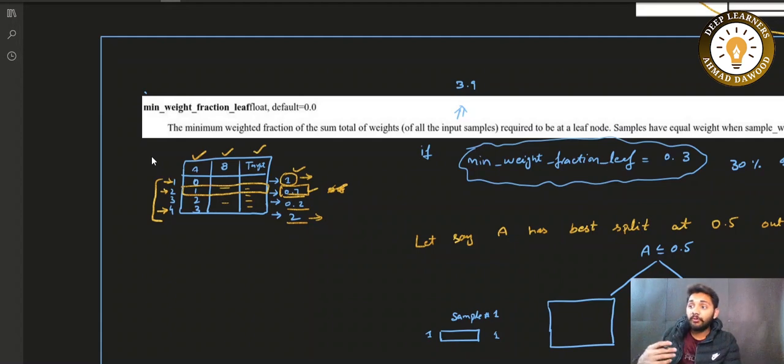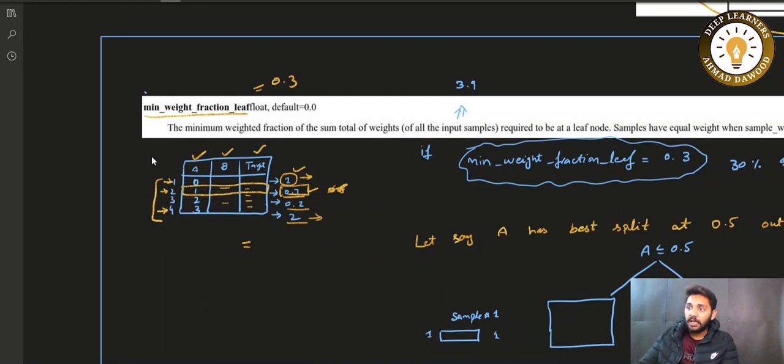What do we usually do in that case? If you have min_weight_fraction_leaf, and you pass some value to it, let's say you pass the value 0.3, what will happen? First you consider the total weight of your data set.